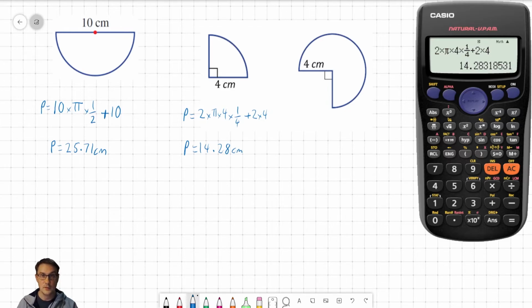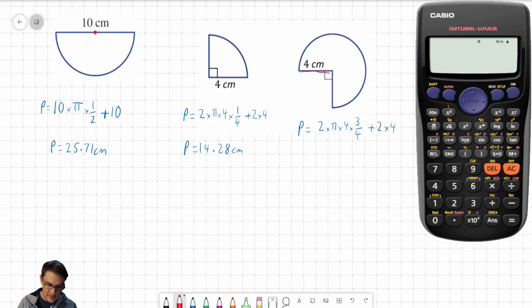Now, lastly, we've got this other circle here, which we have to work with. This time we've only got 3/4 of a circle. So again, we're using the radius here. It's going to be 2 times pi times 4, but we've got 3/4 of a circle, so we're going to times it by 3 over 4. And then in addition to that, we need to add the 2 radius sectors, being this part here and this part here, which is 2 times 4.